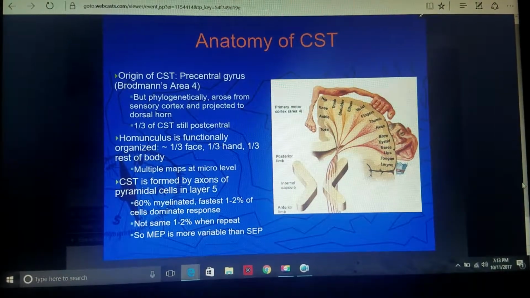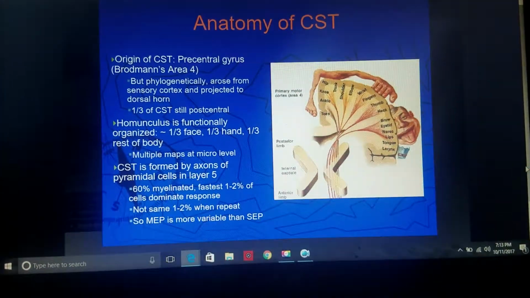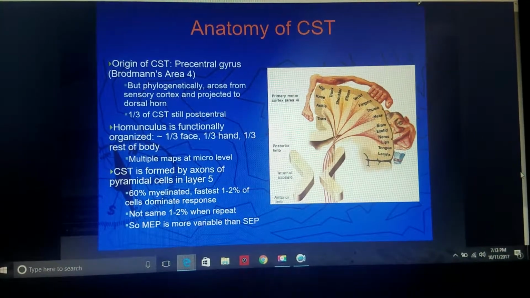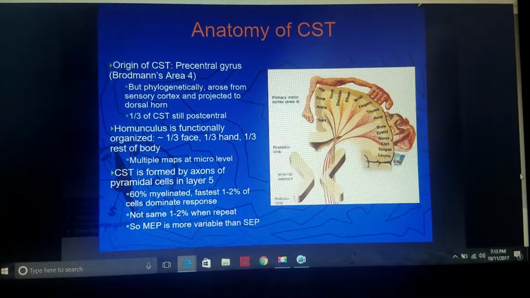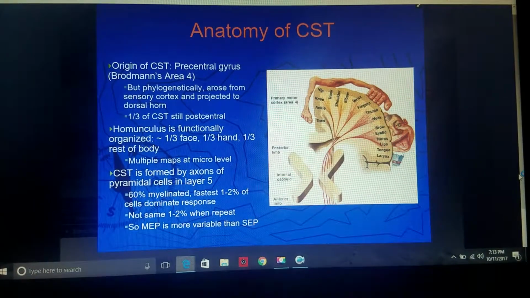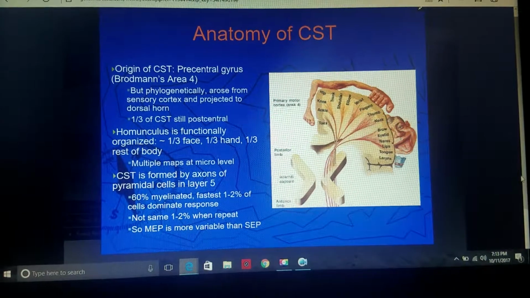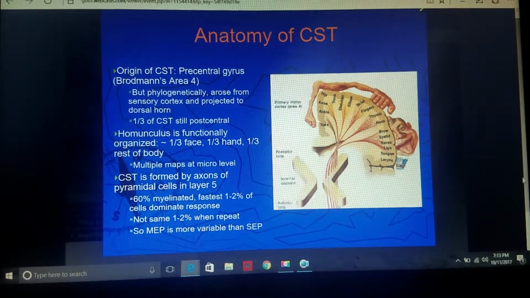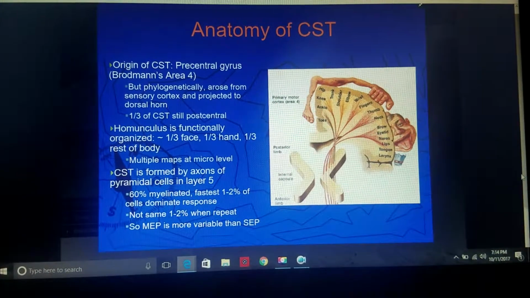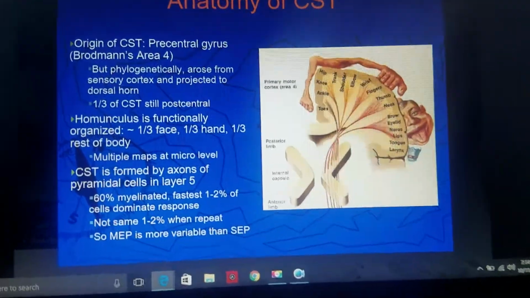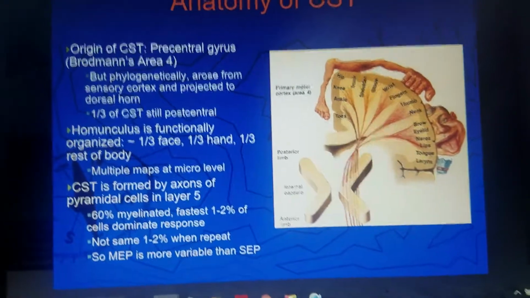As you know, the homunculus is functionally organized about 1/3 face, 1/3 hand, and 1/3 the rest of the body, roughly. At the microscopic level, there are actually multiple maps, but those are beyond the scope of this talk, certainly. Corticospinal tract is axons of the pyramidal cells in layer 5 of the motor cortex. And these are primarily myelinated fibers, and so they're rapidly conducting.